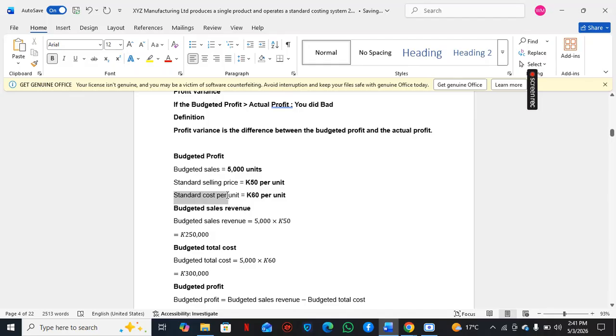Our standard cost price is 60 kwacha per unit. So remember, profit is total revenue minus total cost. We're using this formula: profit equals total revenue minus total cost.